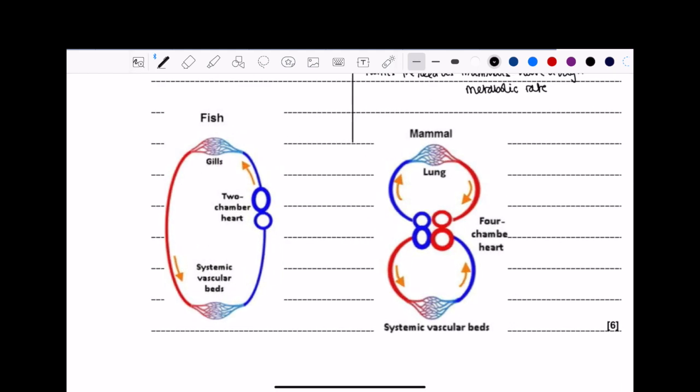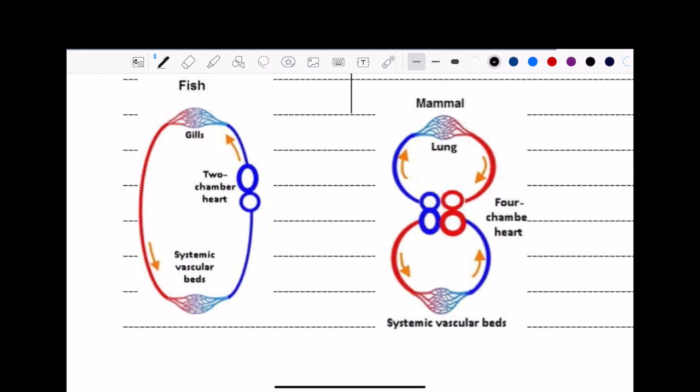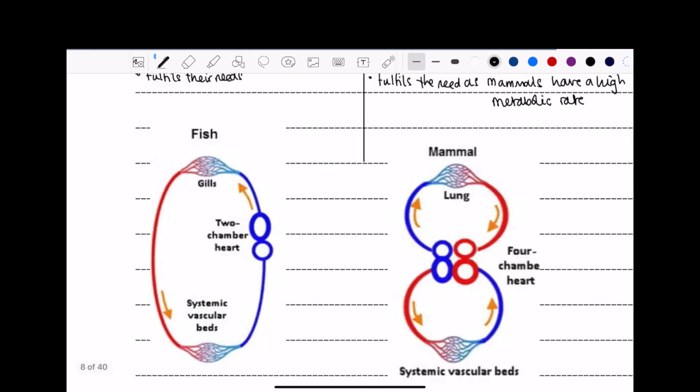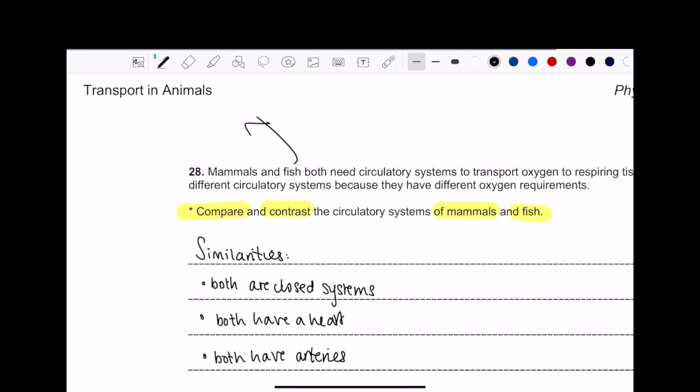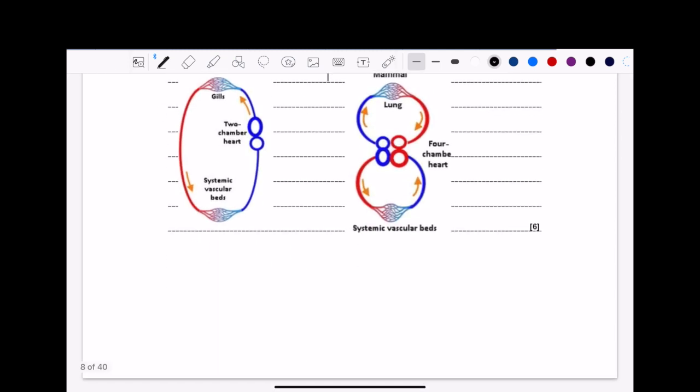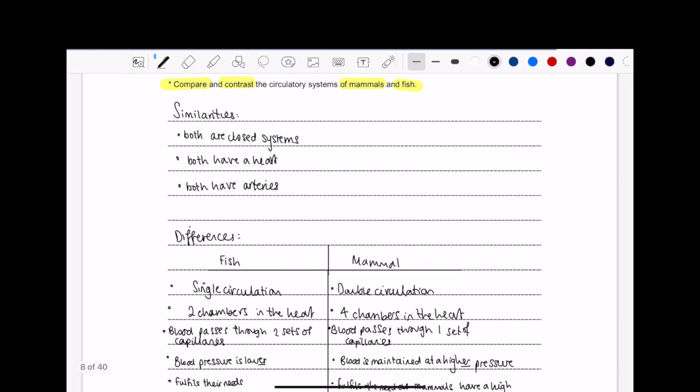So I would annotate around the question: how many chambers does the heart have? Is it a closed or open system? By asking those questions based on the diagram, it really helped me think about the question much more easily and not get so overloaded and overwhelmed by it.